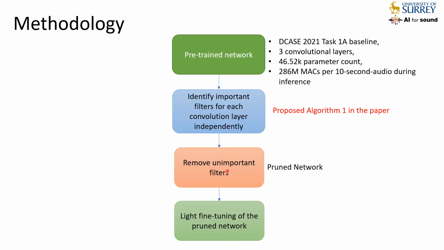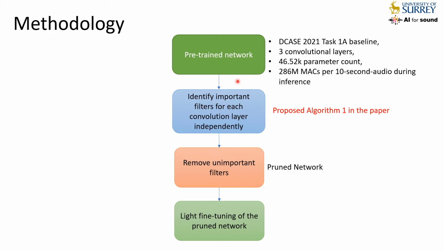We follow a four-step methodology. We are given a pre-trained network, which in our case is the DCASE 2021 Task 1 baseline. It has 3 convolution layers, around 46 K parameters, and it requires 286 million multiply accumulate operations for inference, corresponding to a 10-second audio length.